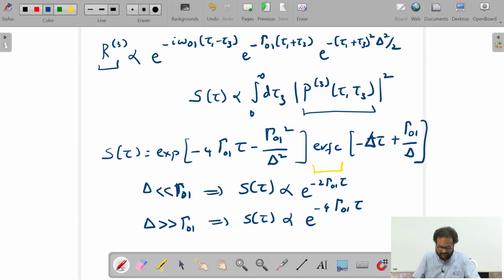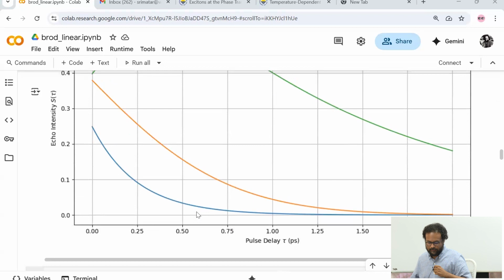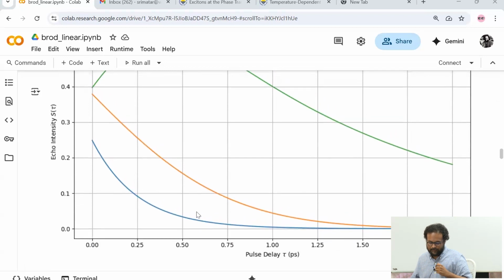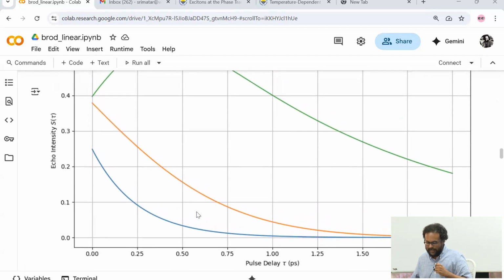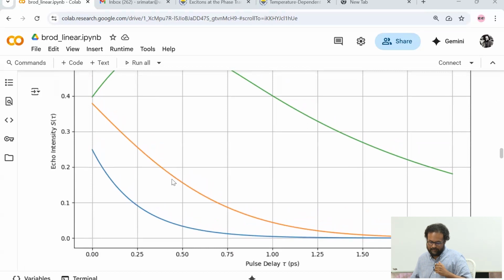Because of this reason, in some cases, I will show you some, again, hopefully this will work. So I calculated the echo intensity as a function of time. And in both cases, where it's dominated by homogeneous or inhomogeneous broadening, you get a similar kind of response.